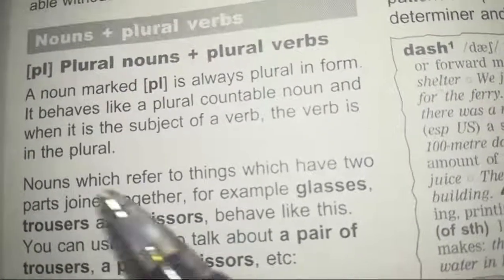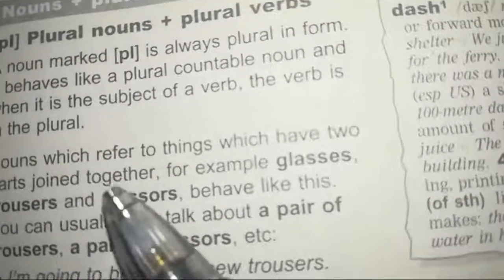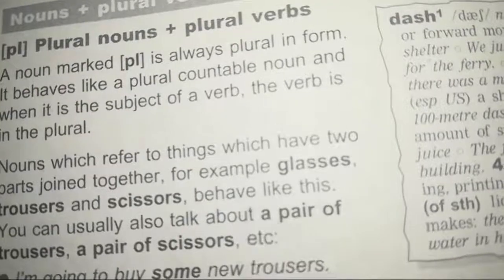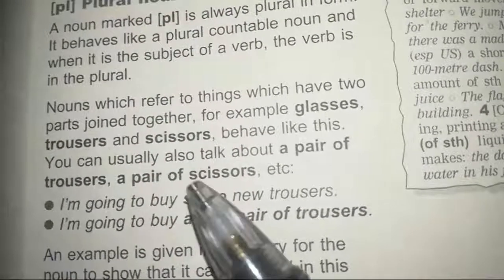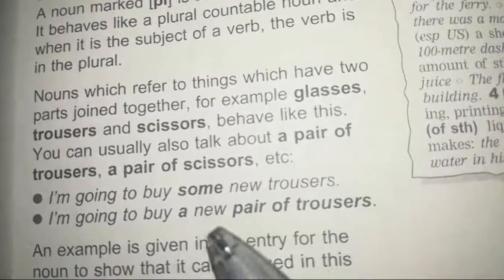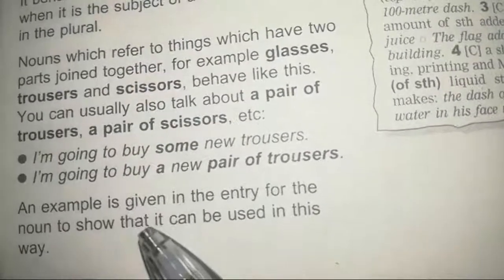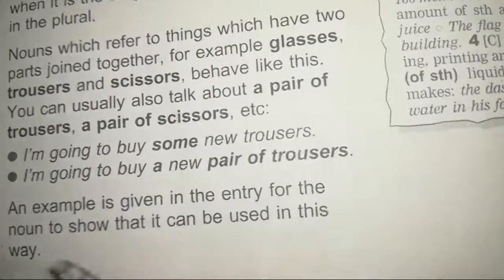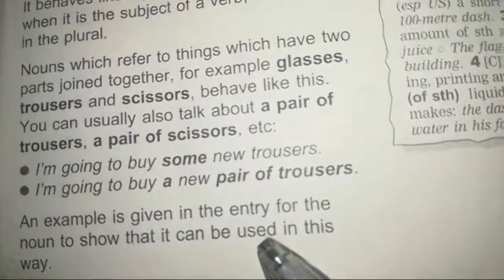You can usually also talk about a pair of trousers, a pair of scissors, and more. For example, I am going to buy some new trousers. I'm going to buy a new pair of trousers. An example is given in the entry for the noun to show that it can be used in this way.